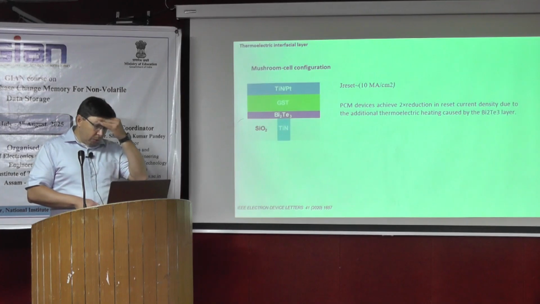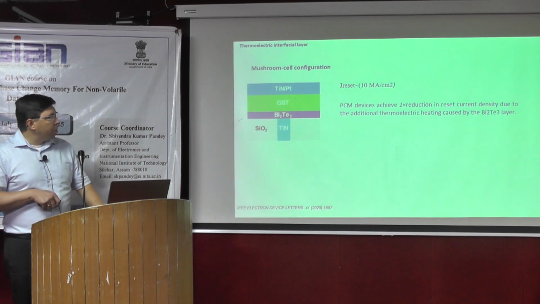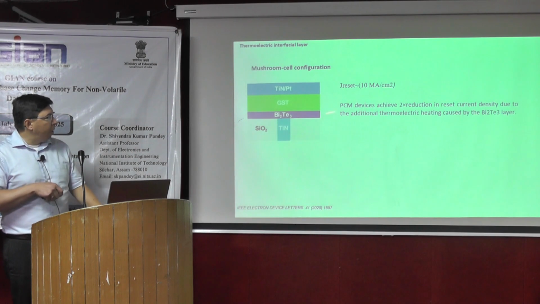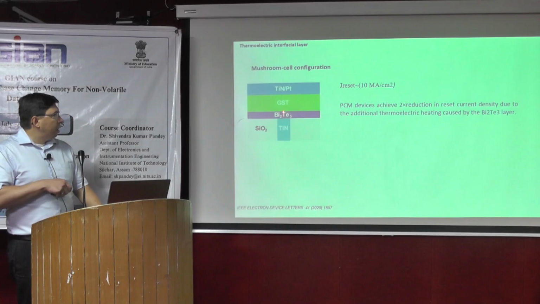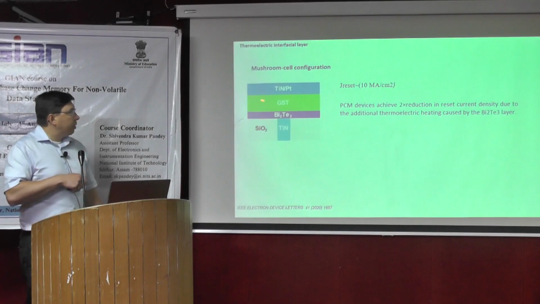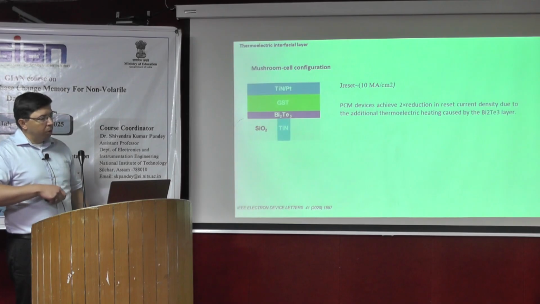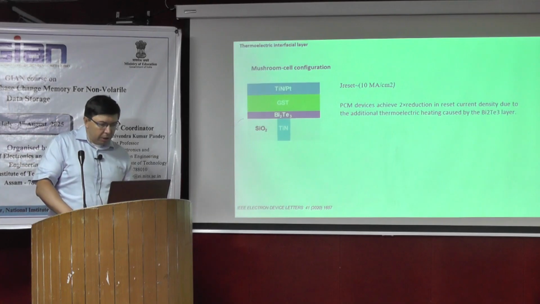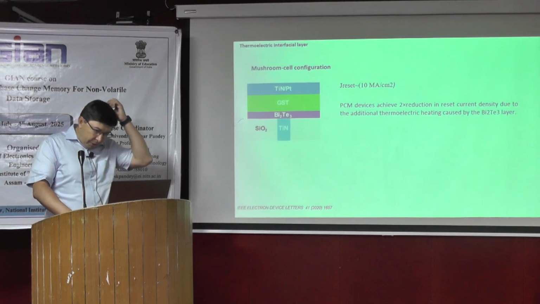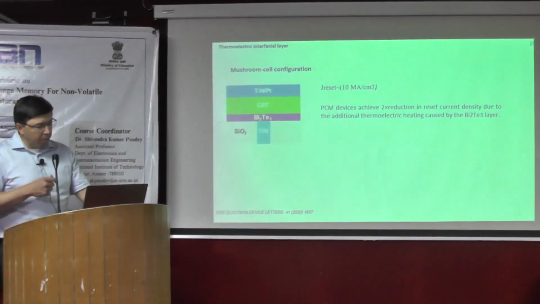Also, one idea proposed in the literature was to use thermoelectric layers between the titanium nitride and GST. Here they tested in the mushroom cell configuration, and they found a huge reduction of the reset current density, which is on average 10 MA per square centimeter.